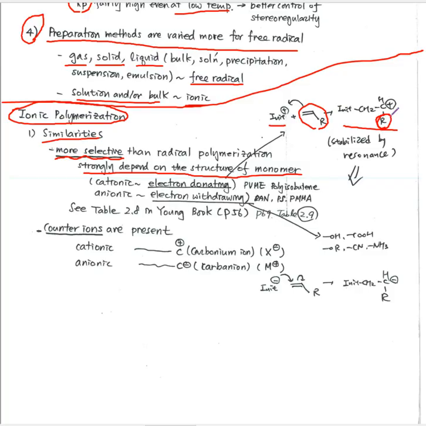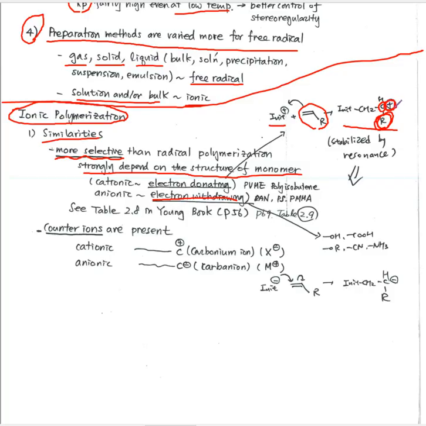The reason why is that since there is a positive ion here, if this R group is, for example, electron withdrawing, so you remember the electron donating and electron withdrawing groups from organic chemistry class, right? If the R group is electron withdrawing, then this carbon with the positive ion does not have electrons, right?